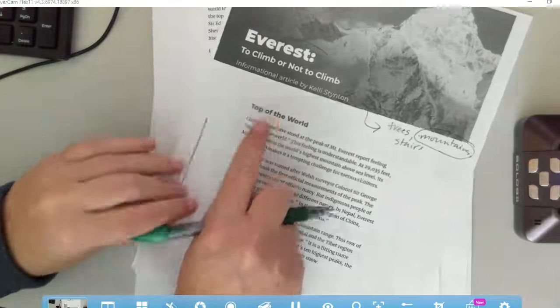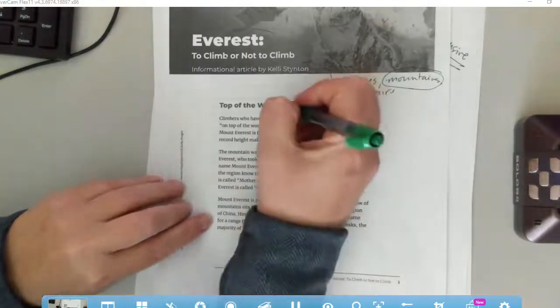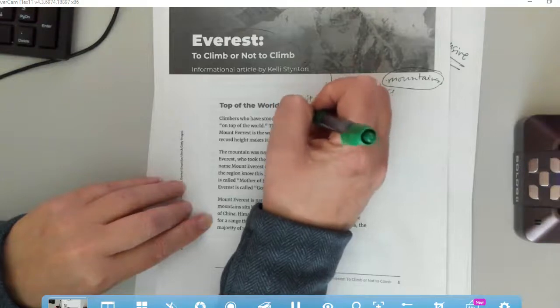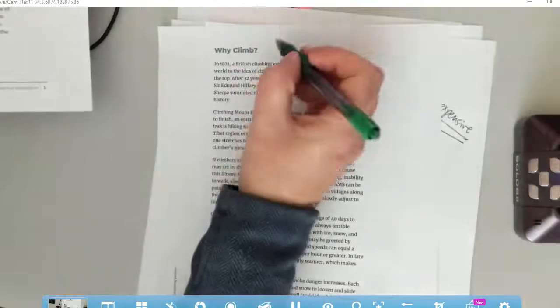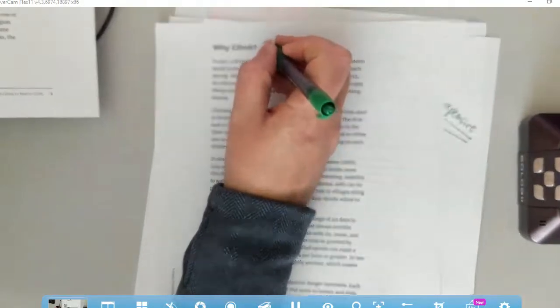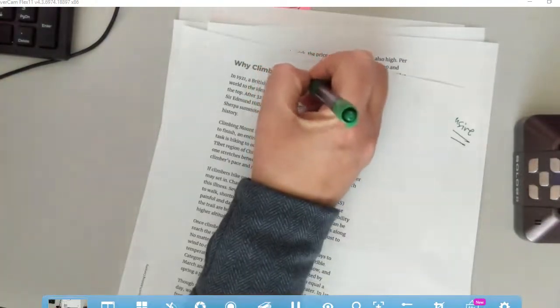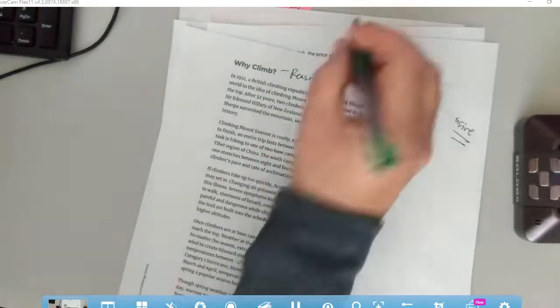I can look at the titles. Top of the world. That means, is it high? Is it tall? Why climb? Why climb? Why not? Maybe. I think that might be some reasons. Maybe they're going to talk about reasons to climb here.